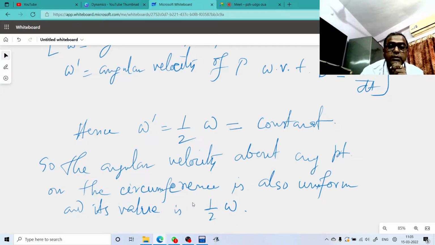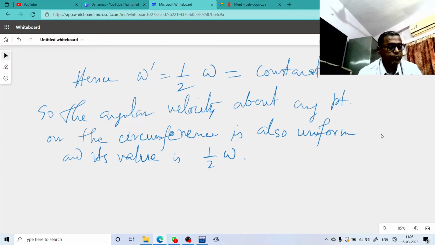This is the important result. This is the angular velocity about the center O, and the angular velocity about any point on the circumference is half of the angular velocity at the center. Next question.